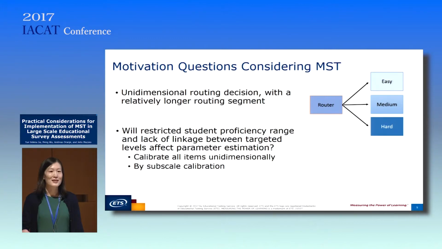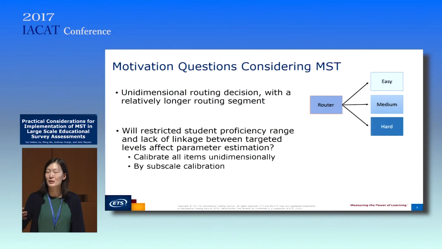So the question presented to psychometricians will be, if you really want to calibrate items from MST design, what you run into is that certain items, especially at the second stage, are given to a restricted range of abilities. That's what MST is doing, right?